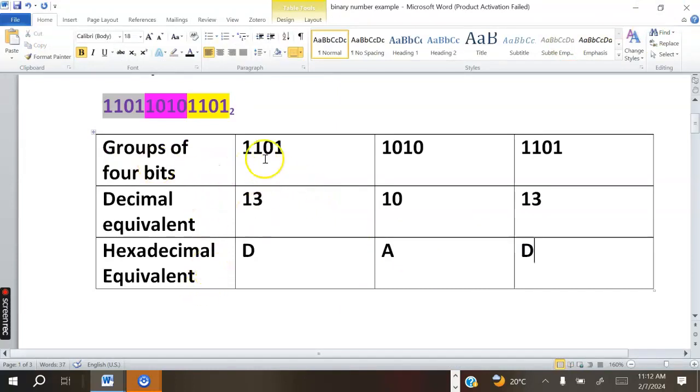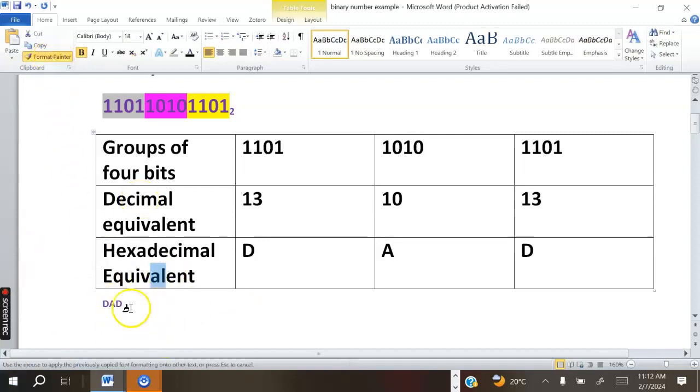So we have 1101 is equal to D, 1010 is A, 1101 is D. Now after that, the next step is to write the answer, which is supposed to be D, A, D, then base 16.